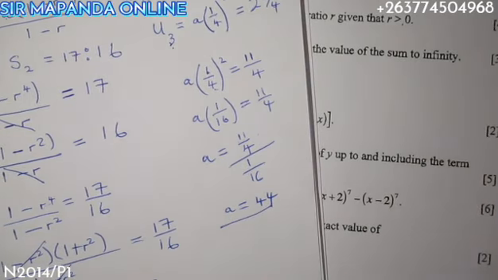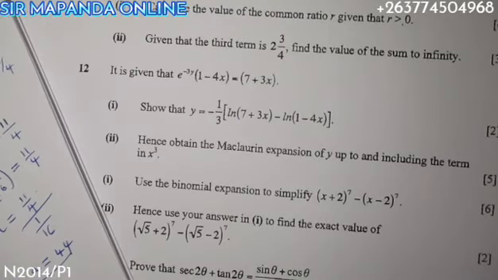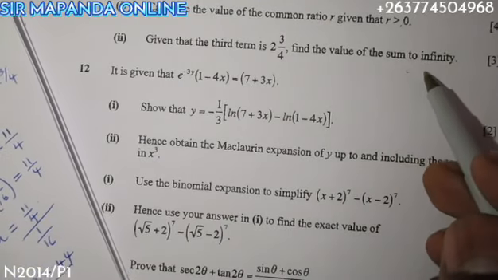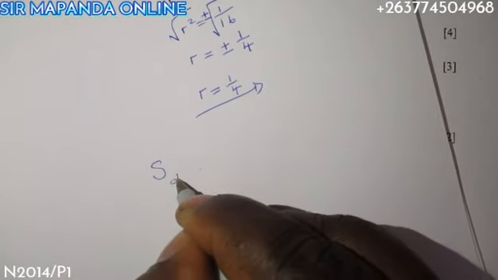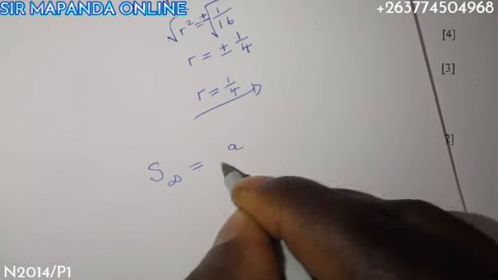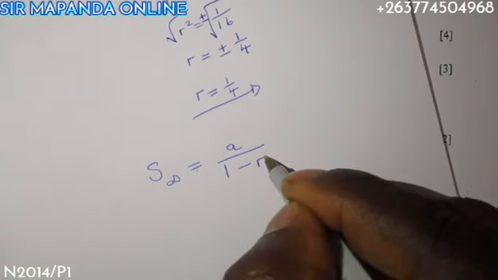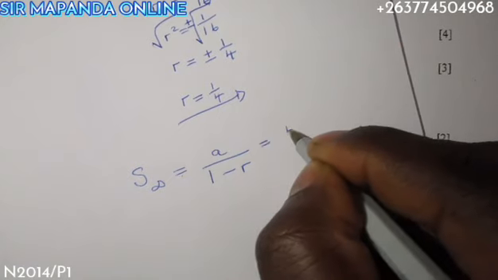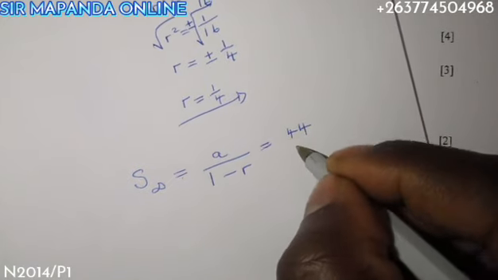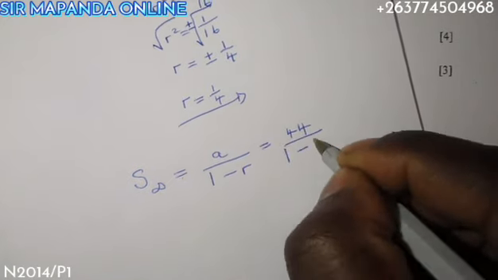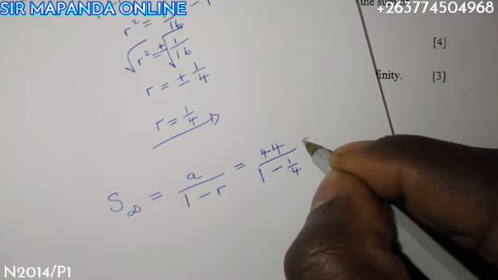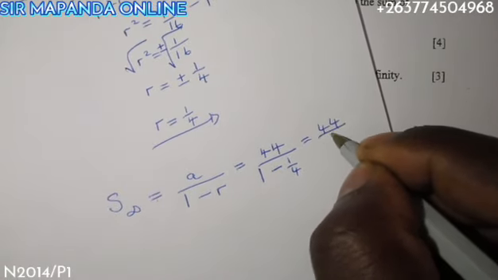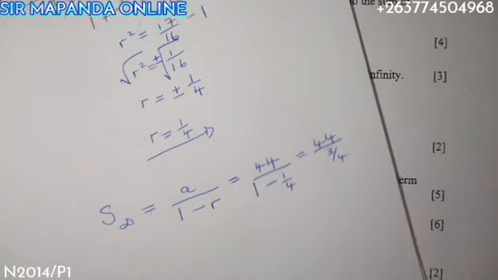But this is not the requirement of the question. The question is requiring you to find the sum to infinity. So sum to infinity is found by the formula a divided by 1 minus r. This is the formula. So now that we know that a is 44, you divide 44 by 1 minus 1/4, which is as good as 44 divided by 3/4.